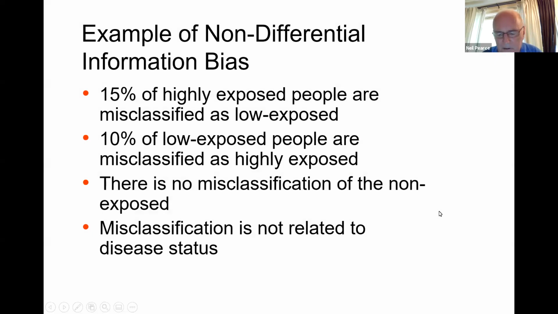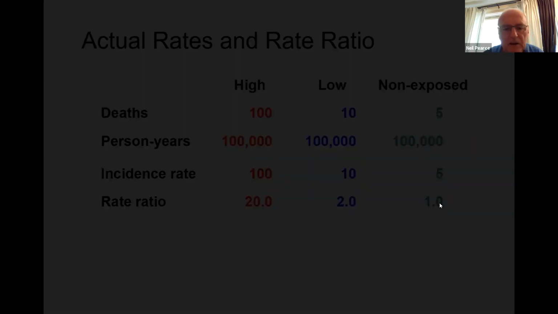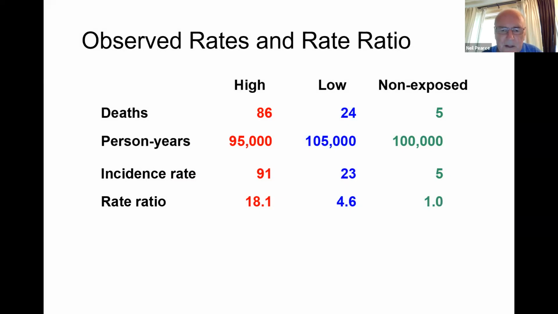So before we had a relative risk of 20 times versus non-exposed and 2 times versus non-exposed. Now we actually get 18.1, which is a bit less than 20 compared to non-exposed. But in the low exposed group, we get 4.6, and the right answer was 2 times.